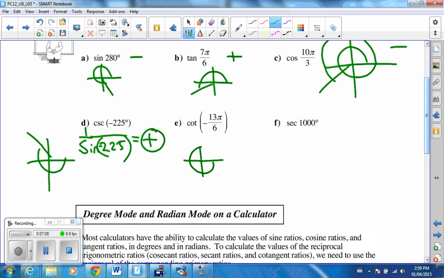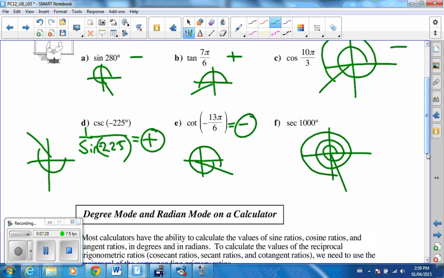So there, tan is negative down there, so cotan will also be negative. And secant of 1,000: 360, 720, 280 more than that is down there. Secant matches with cosine, and cosine is positive down here, so this whole thing will be positive.